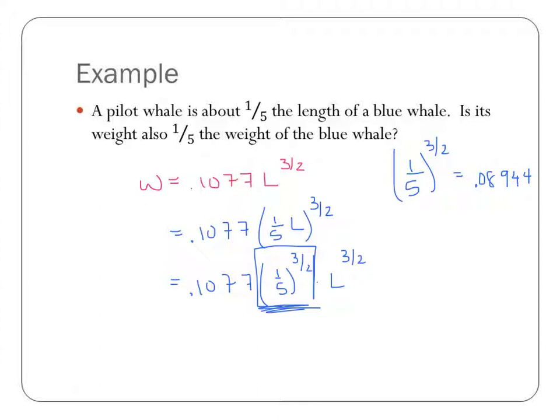You would have to do the same to the other side. That does not equal 1/5. So no, it would be 1/5 to the 3/2 the weight of the blue whale.